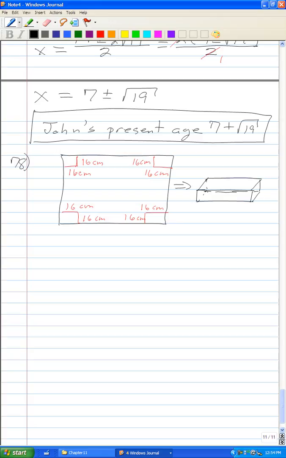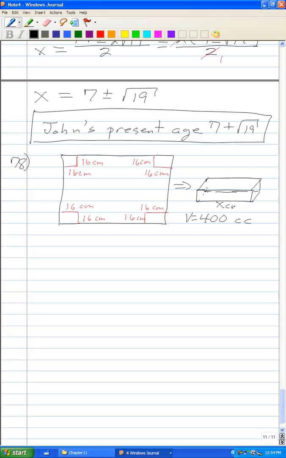Okay. And so let's call this. Oh, and let's see. If the box holds 400 cubic centimeters, okay, and so that's the volume of this box. We want to figure out the dimensions of the box.